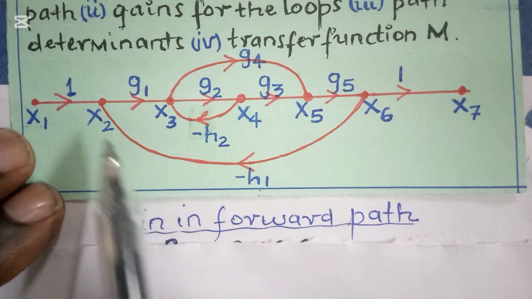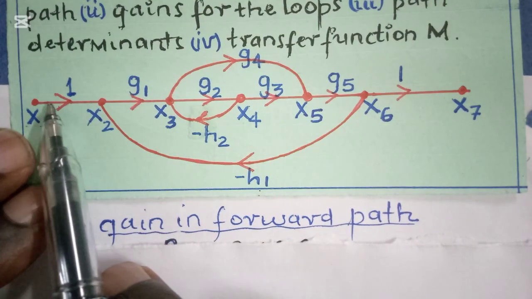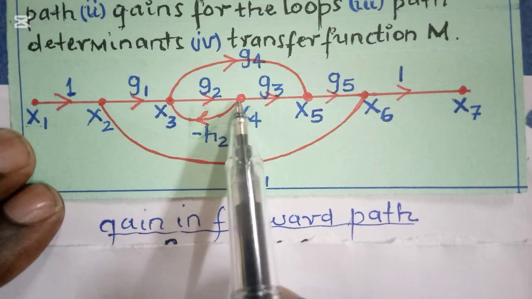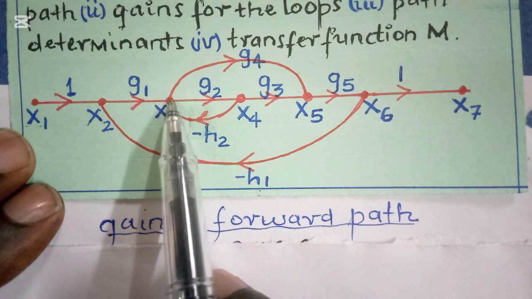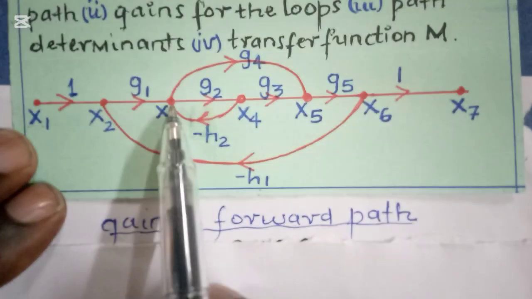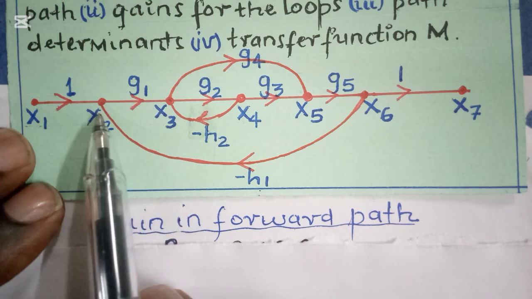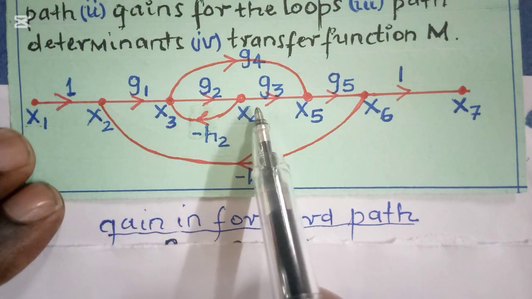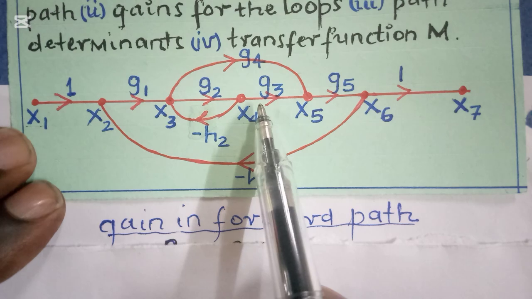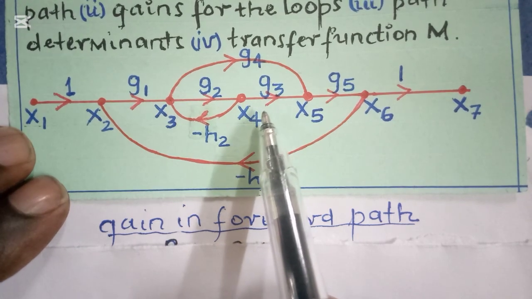That means you cannot have a path moving this way and then here back and then going back again, because guys, it will have touched this node twice. And so the forward path always moves forward and does not repeat or move through a node twice.